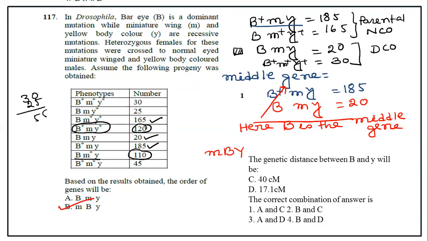Now 100, 200, 300, 400, 500, 600, 700. So the total number of progeny is 700.